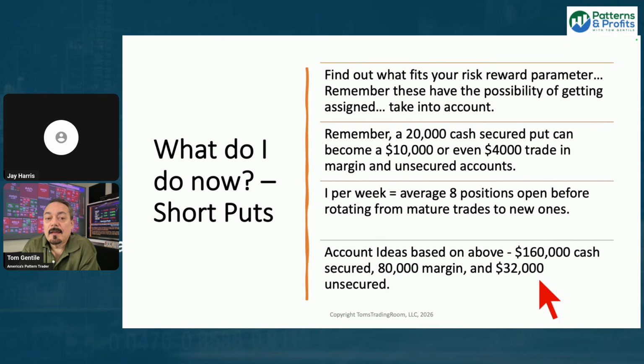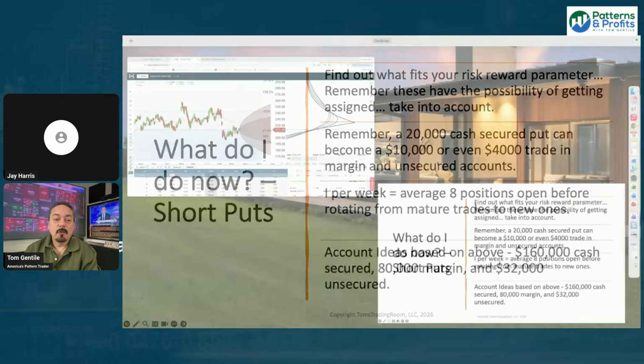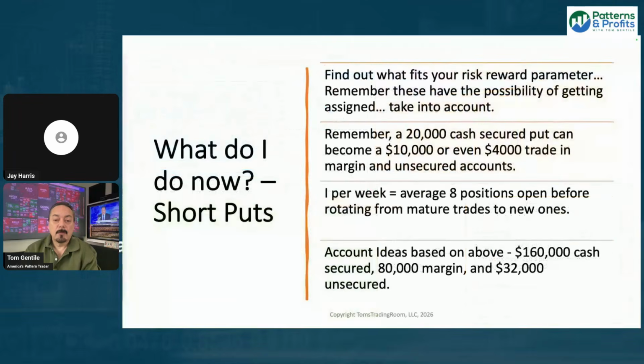Again, number one thing that I would do is see what fits your risk reward parameter. Meaning, for example, today we saw a lot of stuff on the scanners that were $100, $200, $300, $400 stocks. And so that might take into account what you're looking to do. So take all that into account when you're looking at these opportunities.